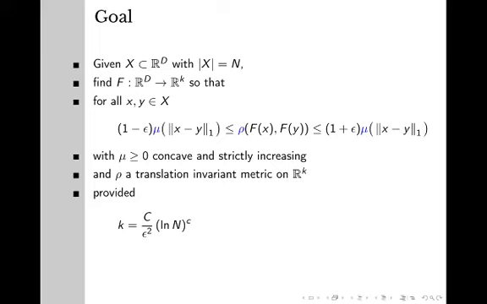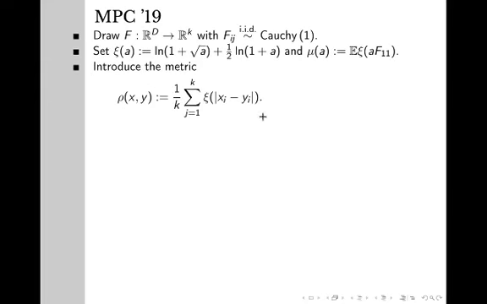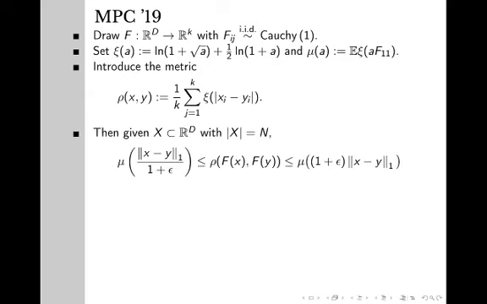We've been able to achieve such a result almost completely by using random matrices with IID Cauchy entries. Our metric ρ depends on this function xi, and we set mu to be the expectation of xi. We can then approximately preserve the function mu of the 1 norm, even taking the error inside mu.